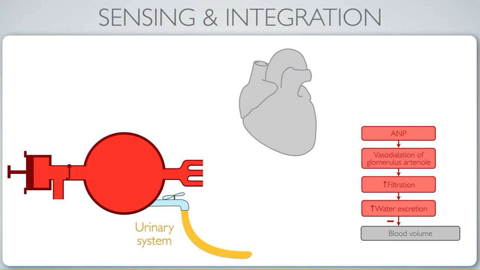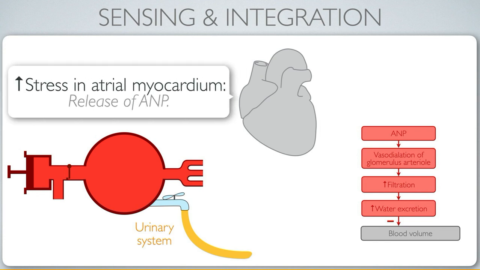And I don't have all the molecular details on that, and so we'll treat that as a black box. But just be aware that stress in the walls, and that stress can be generated by an inflated blood volume, that stress causes the release of ANP. So it's myocardial cells, and for some reason, the atrial myocardial cells are more important in this function.